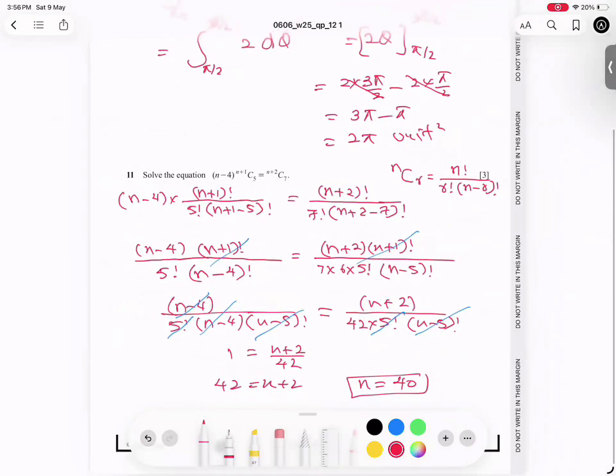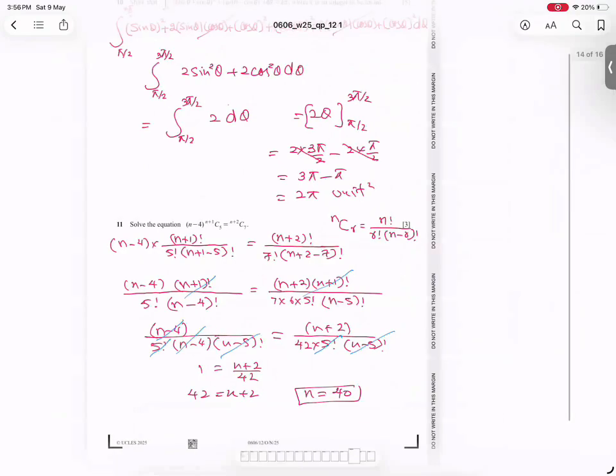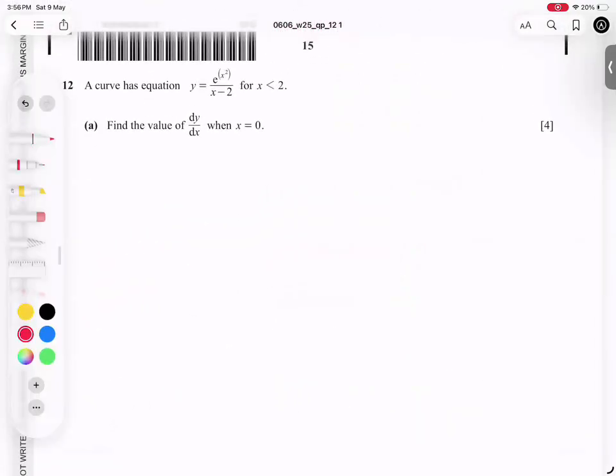10 and 11 done. Question number 12, students. We have to go for differentiation, because it is very clearly mentioned when x is 0. But the thing is, the quotient formula. What is the quotient? When two functions divide, we always take the square of the denominator, copy as it is, into u dash.